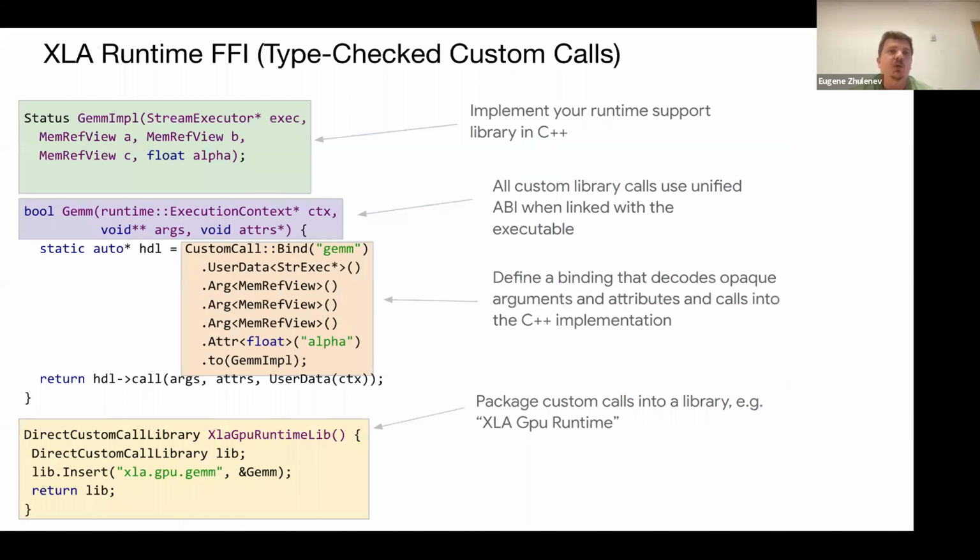We could derive it from the C++ function, but we don't want to derive it. We want everything to be very explicit, so everything is type checked at runtime. And then you can package these custom calls into a library. So in this example, we have an XLA Runtime library that has just one gemm custom call that is implemented with this C++ function.